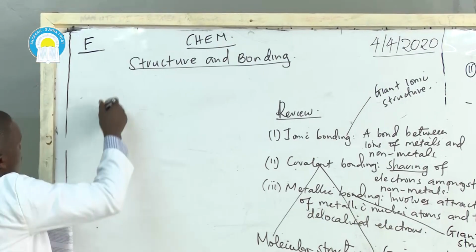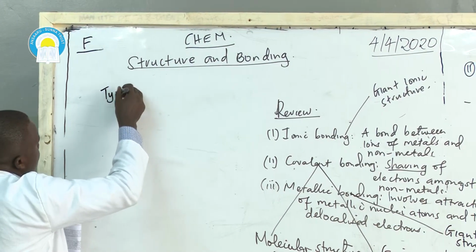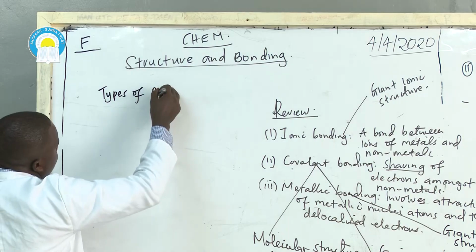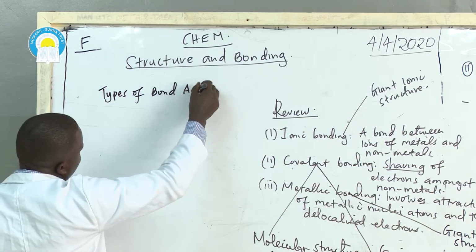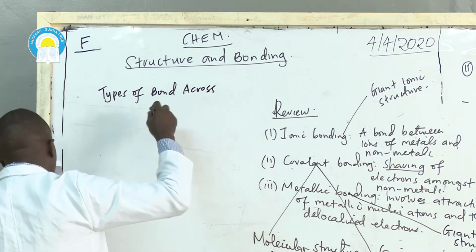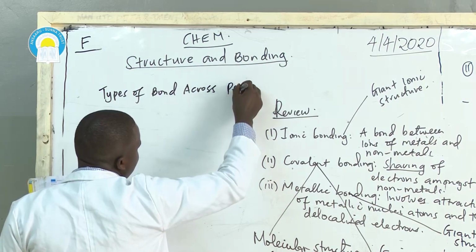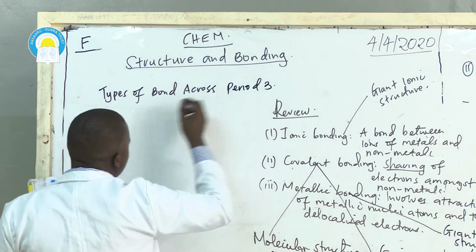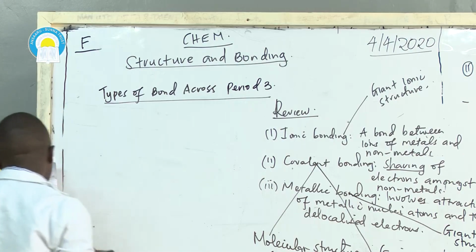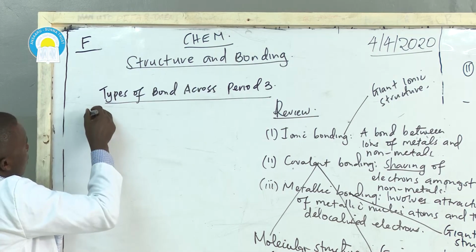Types of bond across period 3. So we want to look at the oxides.